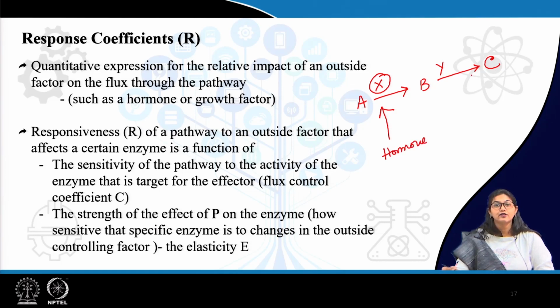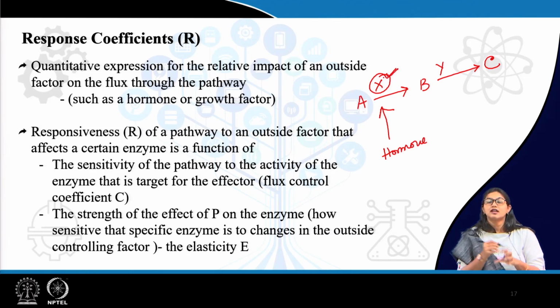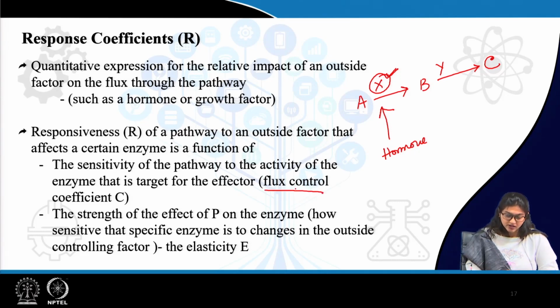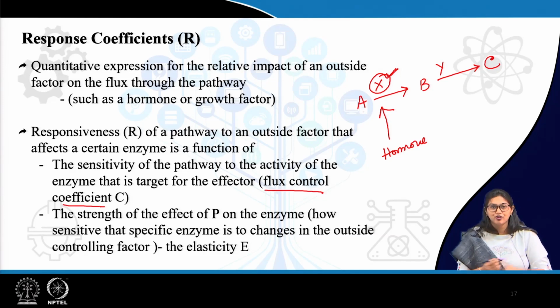So, this pathway will be highly affected because by the external effector we are actually regulating the main enzyme here. So, this is actually we are talking about flux control coefficient, how much important the enzyme is or how sensitive the pathway is towards that enzyme.